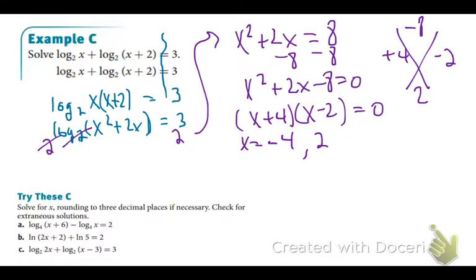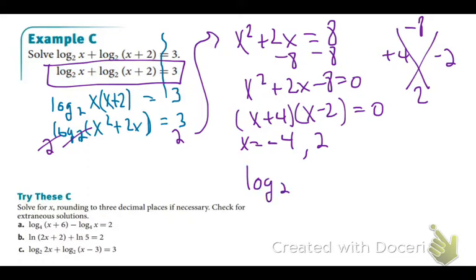So you remember our domain for logs have to be what? Greater than 0. So what's going to happen if I do this? I'm going to come back up here. So I'm going to introduce the negative 4 back in.